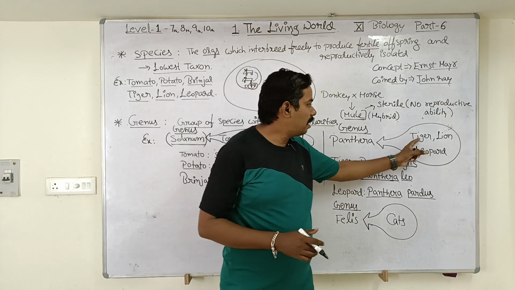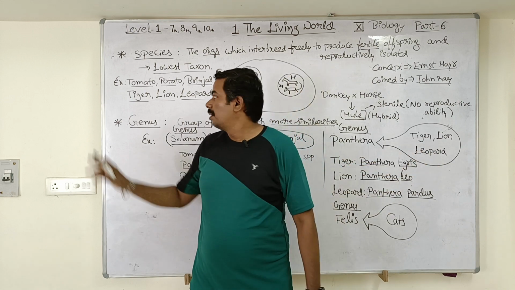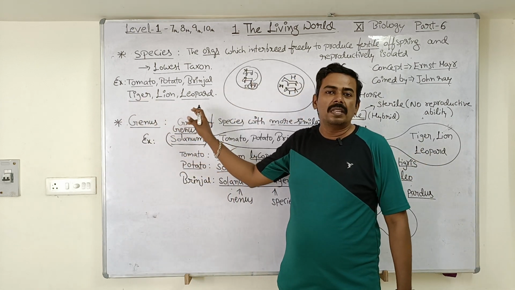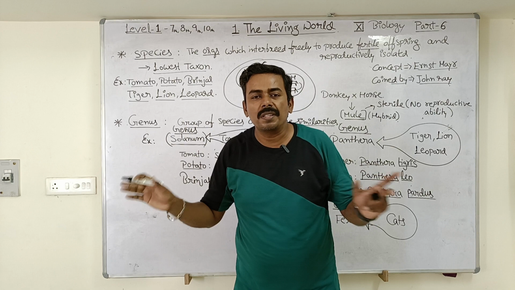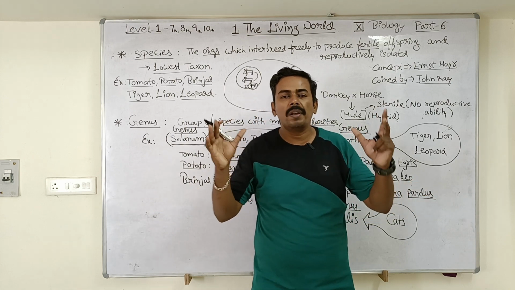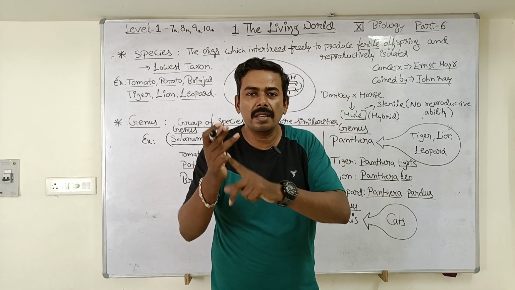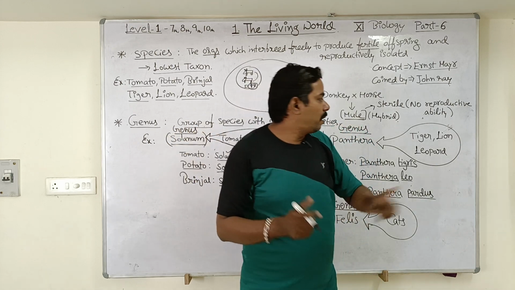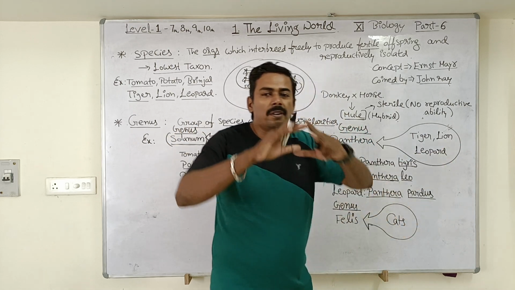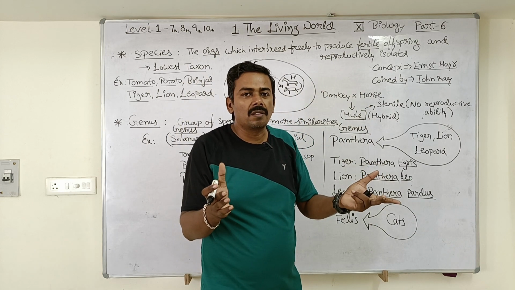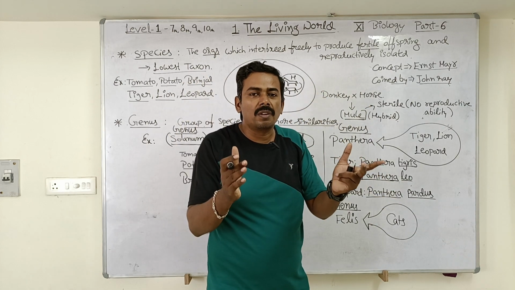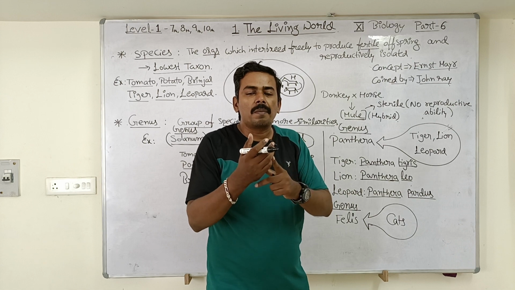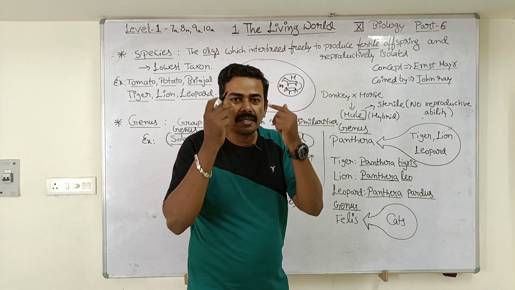Now let us understand by taking some animals. Here, tiger, lion, leopard. These are the three animals. Even though these three are different species, there are some common characters in these three animals. Because of the common characters with respect to their body shape, body structure, the face structure, the type of fingers which are present on their hands, the eyes, the ears.